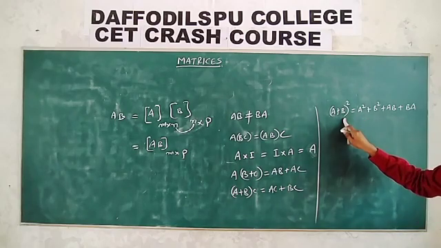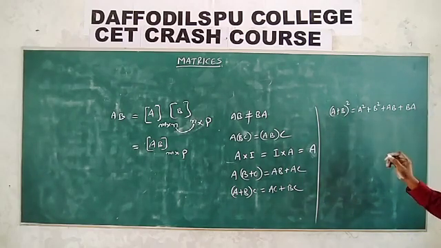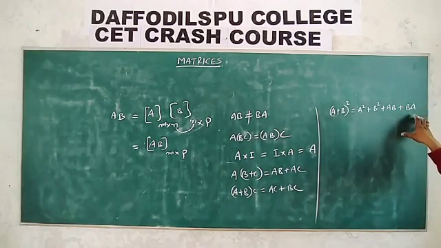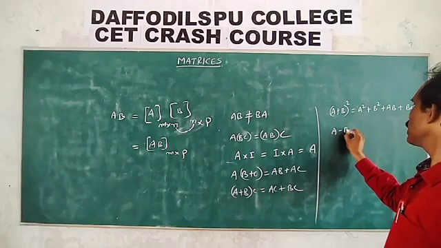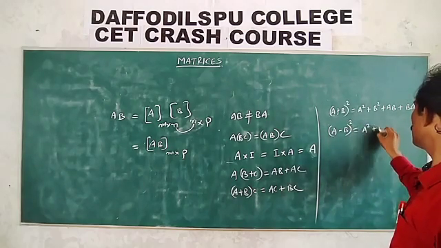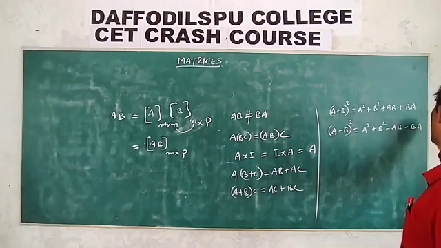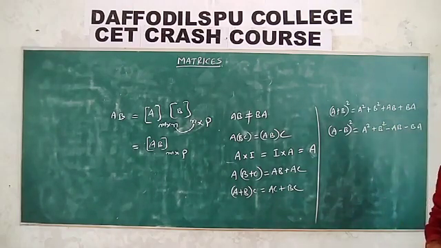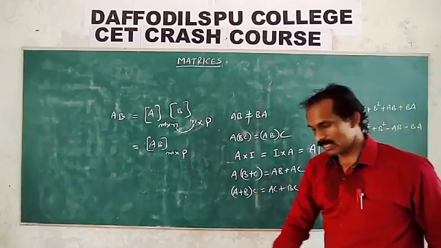So that's why A plus B whole square is not equal to A square plus B square plus 2AB. 2AB is possible only when AB is equal to BA. Like that, A minus B whole square is equal to A square plus B square minus AB minus BA. That only. Do not take minus 2AB. It is possible only when AB is equal to BA. These are the concepts of multiplication. Right.